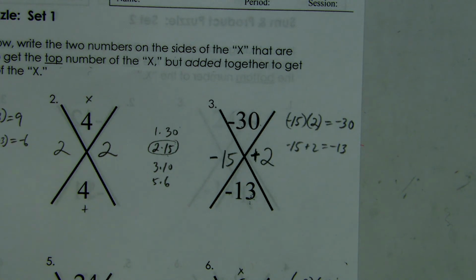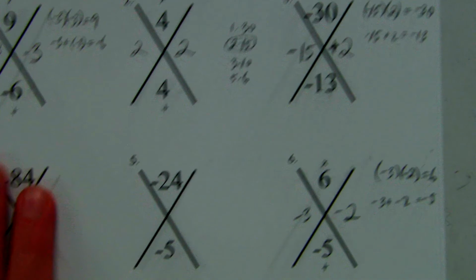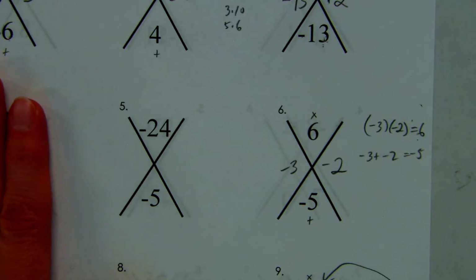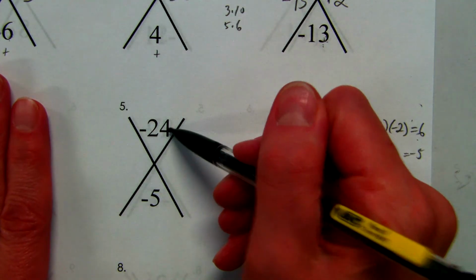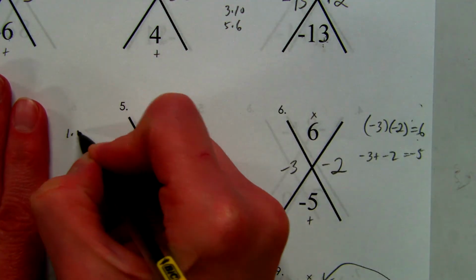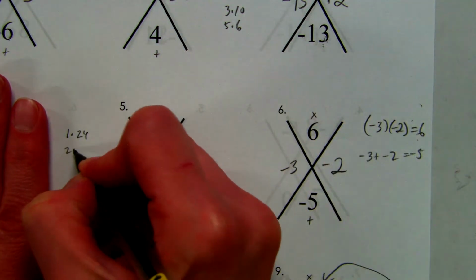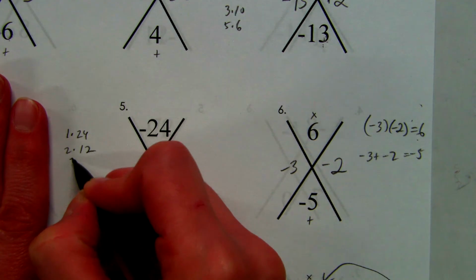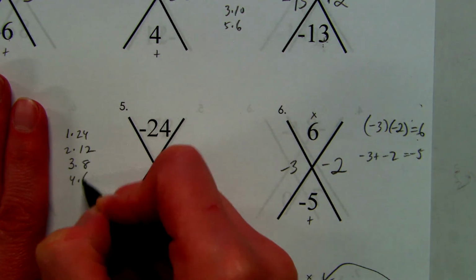Some of these are more difficult than others, so I'm going to skip around a little bit and save number 4 for last. Let's look at number 5 really quick. So I've got negative 24 and negative 5, so I like to list the factors of 24. So I've got 1 and 24, 2 and 12, 3 and 8, 4 and 6.